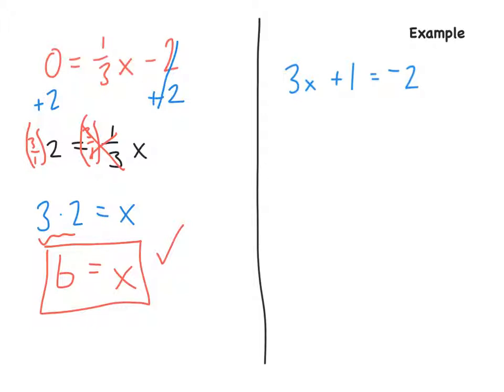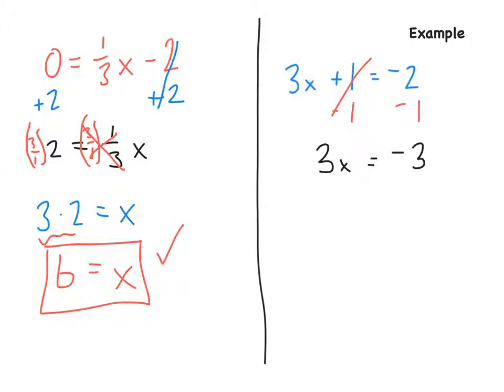Alright, so if we have 3x plus 1 is equal to -2, we are solving for x. I need to move this plus 1 over to the right. To do that, we have to do the opposite of plus 1, which is -1. So subtract 1 from both sides, so those cancel. All we have left is 3x on the left side, and -2 minus 1 is equal to -3.